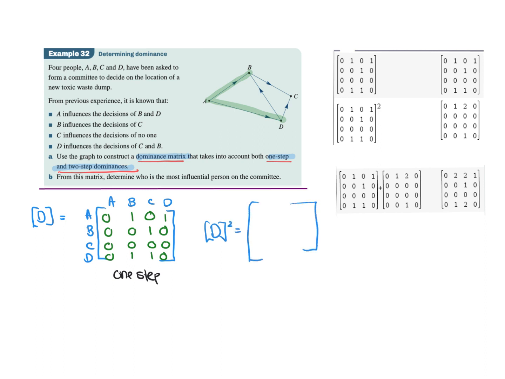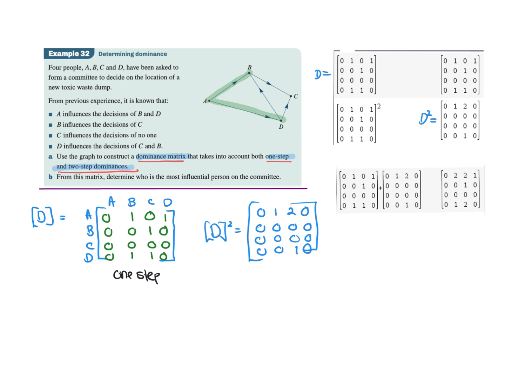All you have to do, and you can see up here I've done it on the calculator. That was D, then I'm going to square it. So this one will be D squared. We can fill that one in now: 1, 2, 0, 0, 0, 0, 0, 0, 0, and 0, 0, 1, 0.